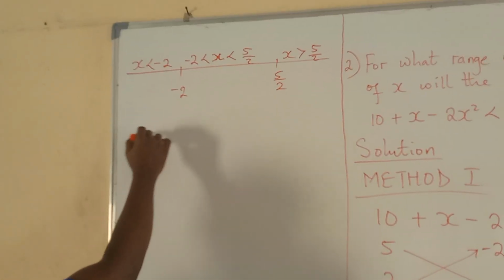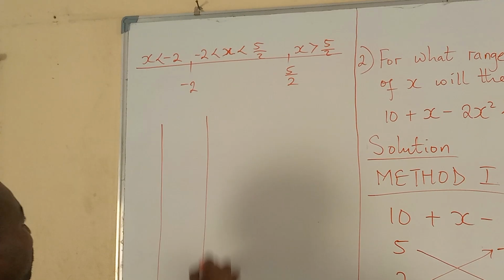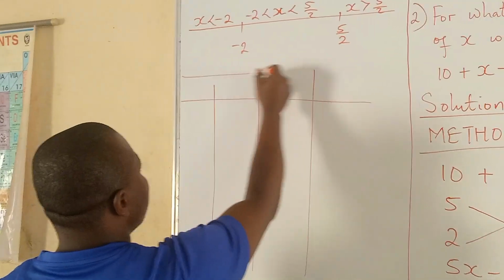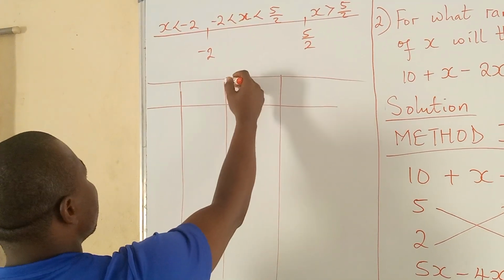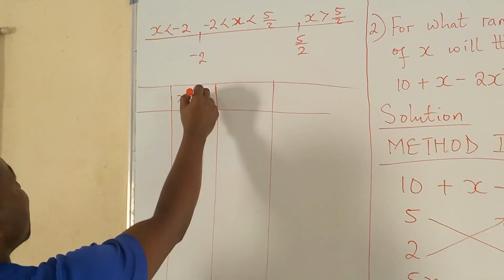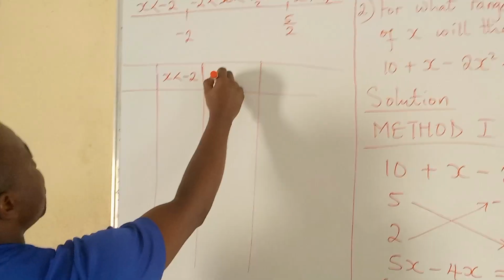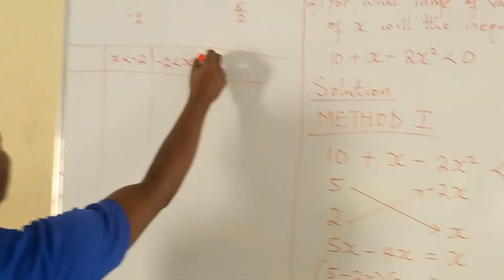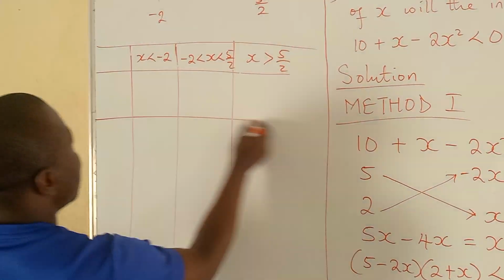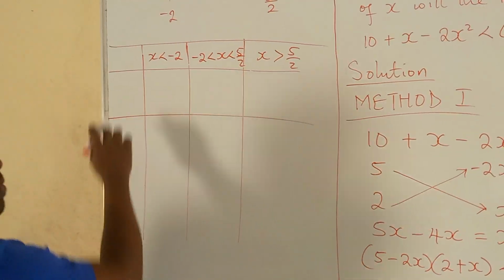So we prepare a table like this. For x is less than minus 2, minus 2 is less than x is less than 5 over 2, x is greater than 5 over 2.